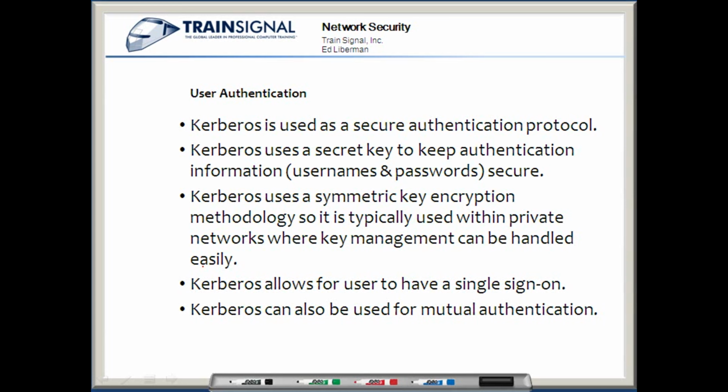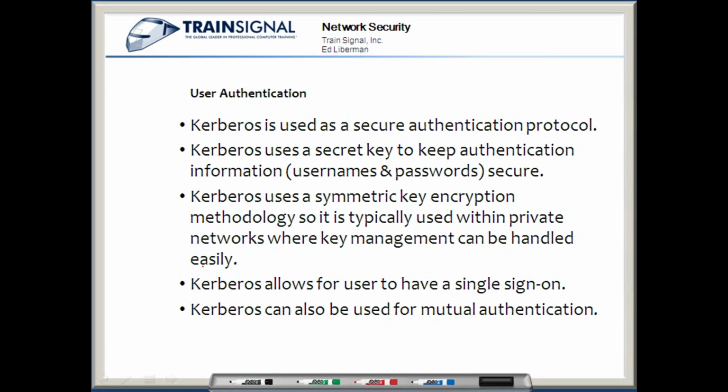It uses symmetric key encryption, so it typically would be used within private networks where key management can be handled easily. An example of where Kerberos is used is by all Windows-based operating systems since Windows 2000. All of your Active Directory-based networks use Kerberos to allow users to log into the network.